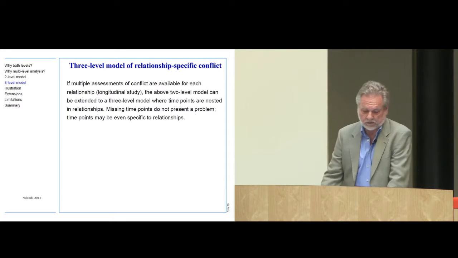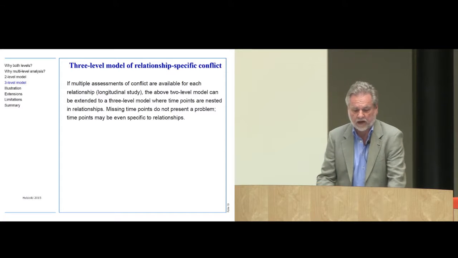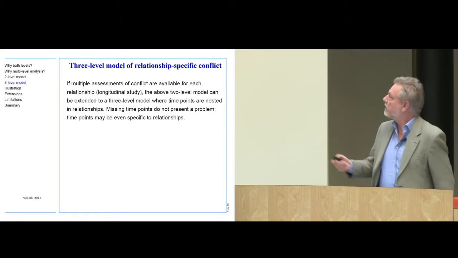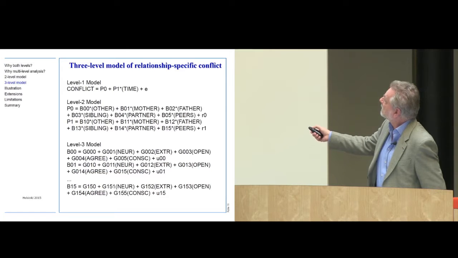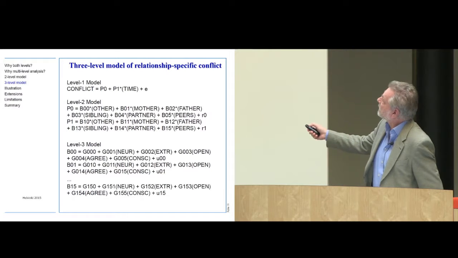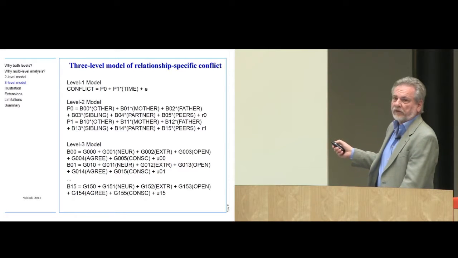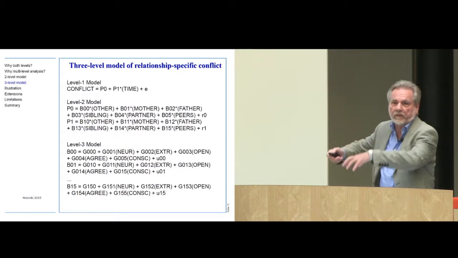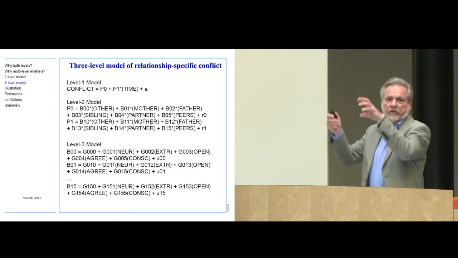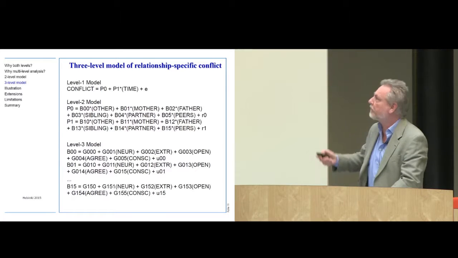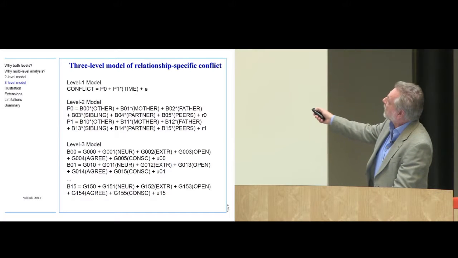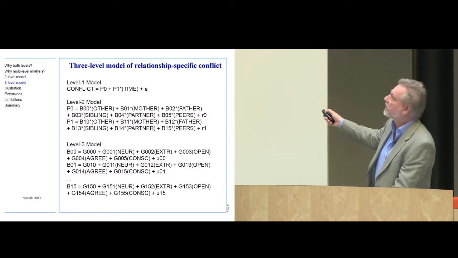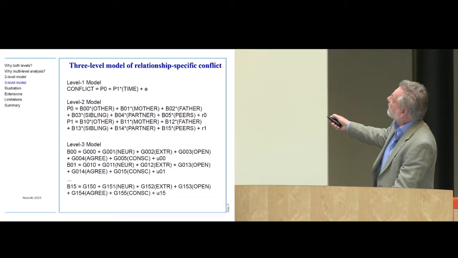This brings us to the 3-level model. Sorry, the model is not extended to the top, it's extended downwards. So the level 1 model is now for change in time. This is a simple linear change, we assume here. And then you have an intercept and a slope for conflict.